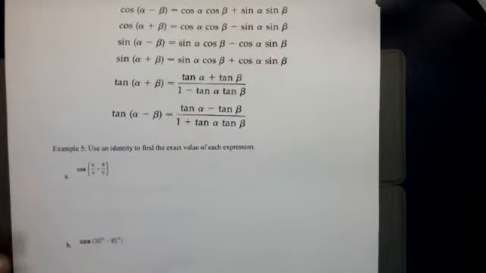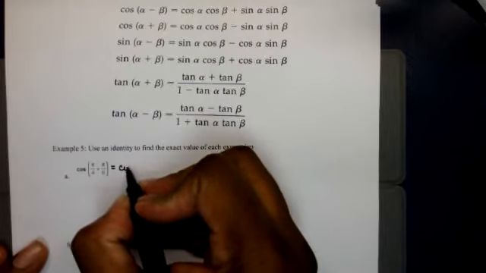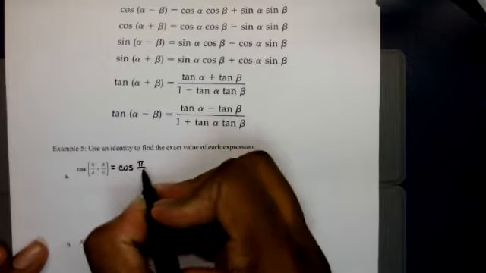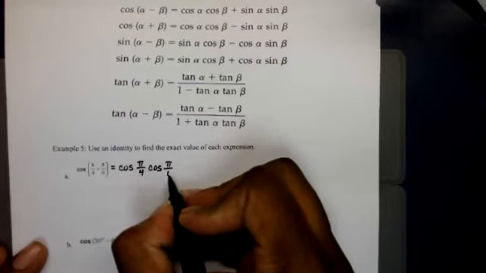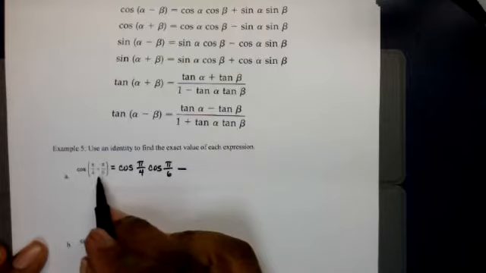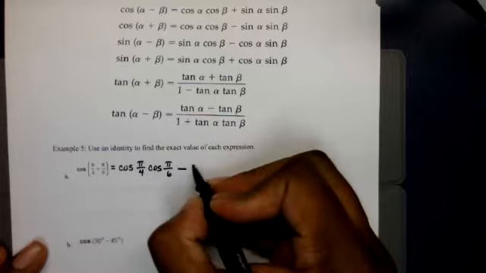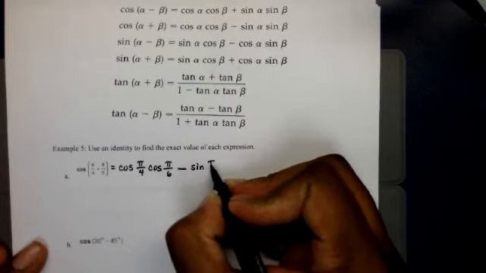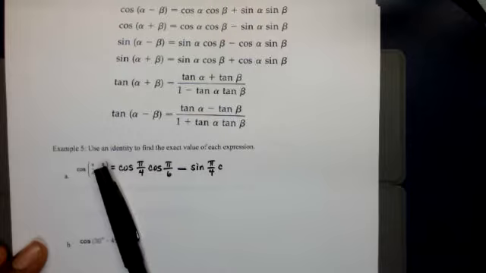So here, cosine of pi over 4 plus pi over 6 will be cosine of pi over 4 times the cosine of the second, pi over 6. This time, instead of a plus, we're going to use a minus. Then sine of pi over 4, sine of pi over 6.